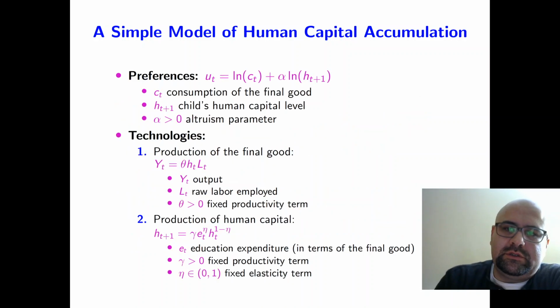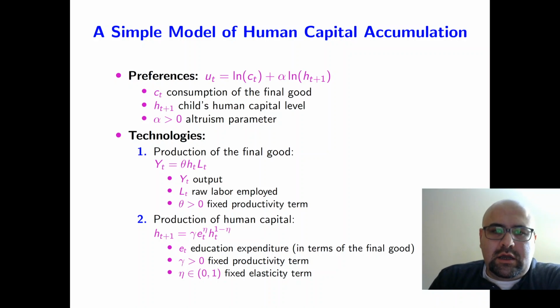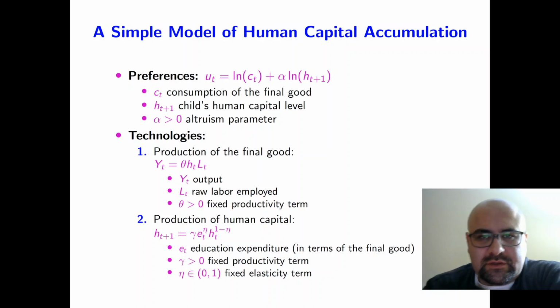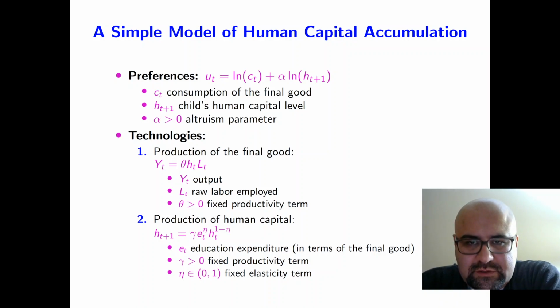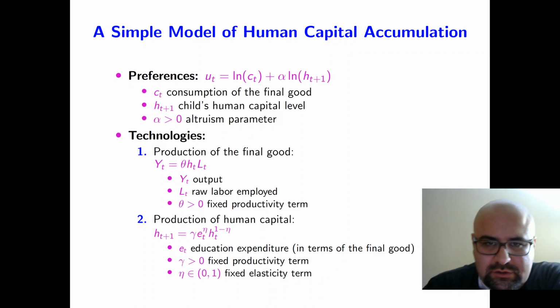So let me continue with the description of the model environment. There will be adult preferences in this model, and those preferences will be represented by this utility function you see here. All right, so here you see the utility function. Now this is a very simple logarithmic utility function, or log linear in some terminology.